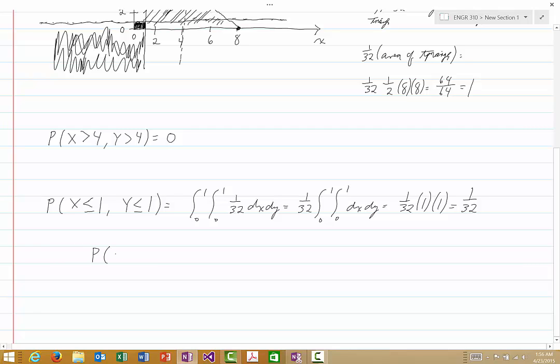So the probability that x is less than or equal to 1 and y is less than or equal to 1 is simply 1/32. And that's how we would do problem number 2.